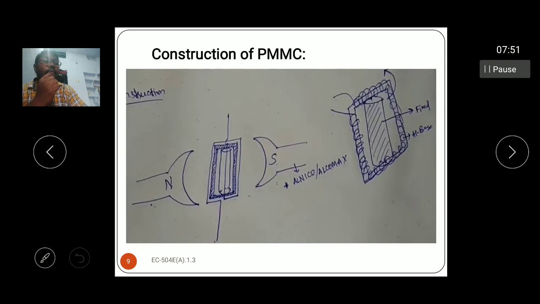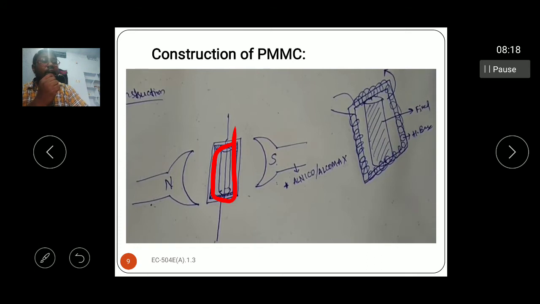In this particular PMMC construction, this is the coil. The coil is not placed directly in between north pole and south pole. We require some base. Here we are using one structure, of square type or rectangular type, that is the aluminum base.